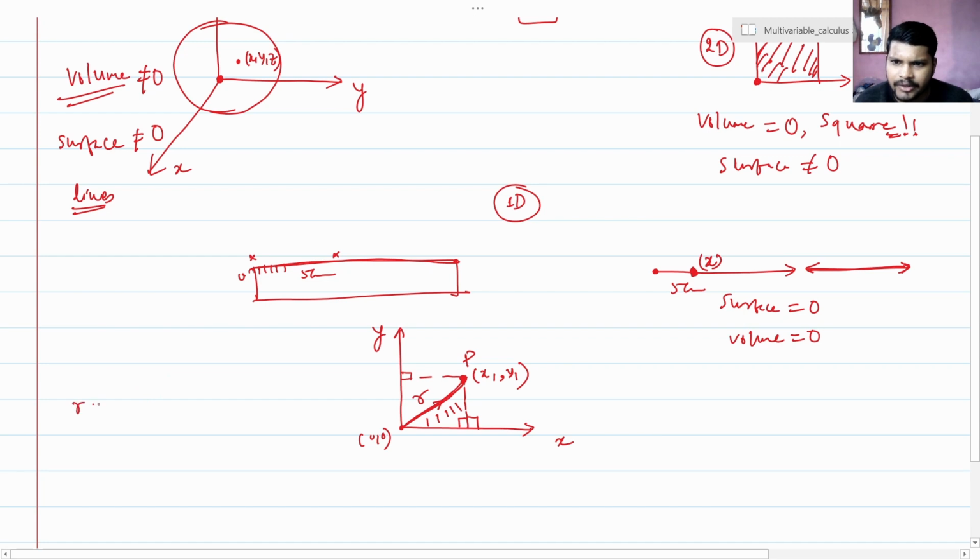So the distance can be figured out by using square root of x minus 0 whole square plus y minus 0 whole square. Now in terms of vector, let us name it OP. In terms of vector, I can also find the distance. How can we find the distance?